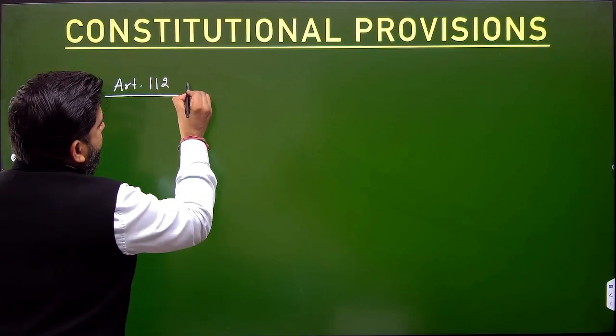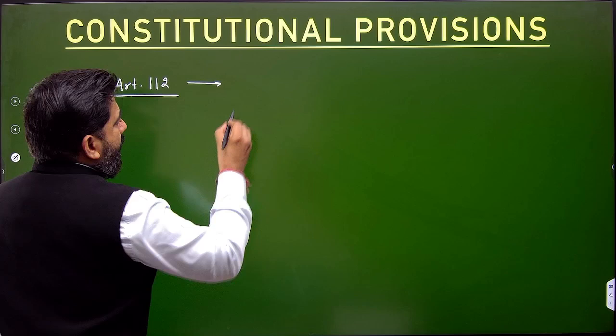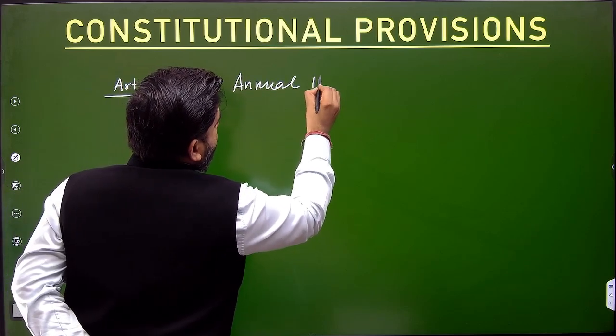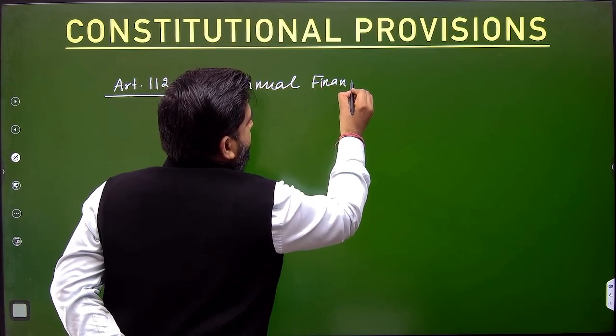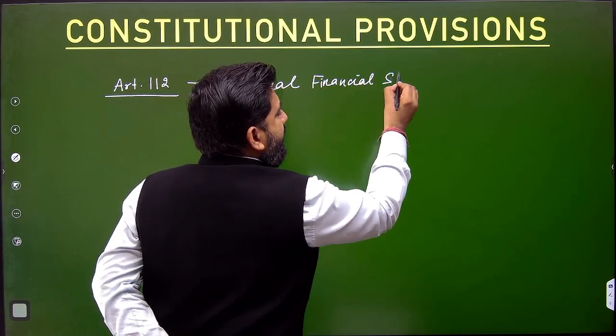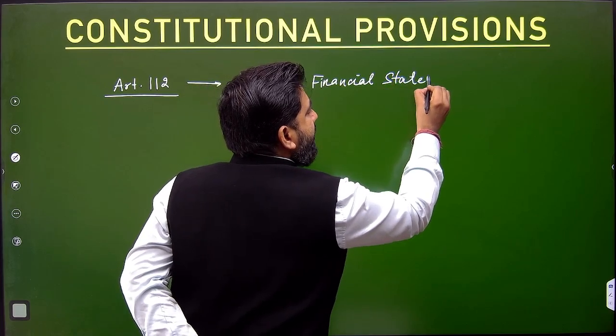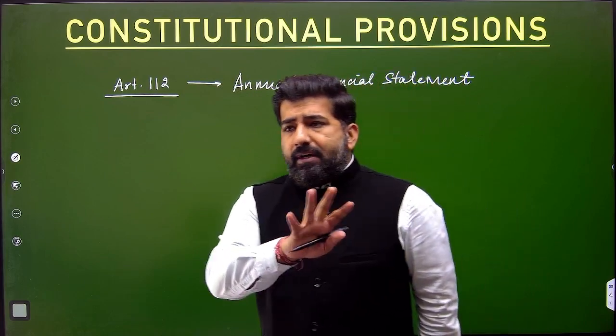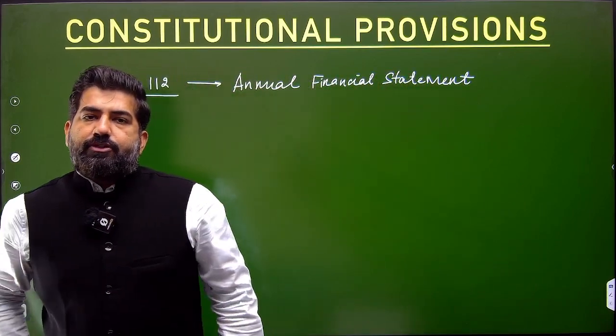Article 112 clearly states, first of all, the annual financial statement. Which means, sir, you are saying that the word budget is nowhere mentioned in the constitution? Yes, the word budget is nowhere mentioned in the constitution.